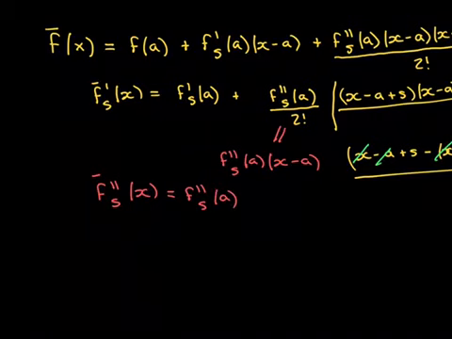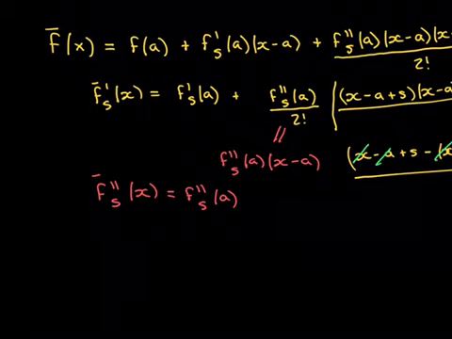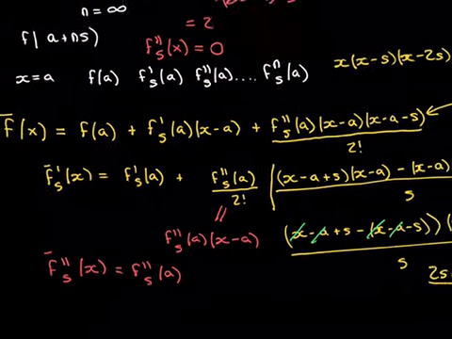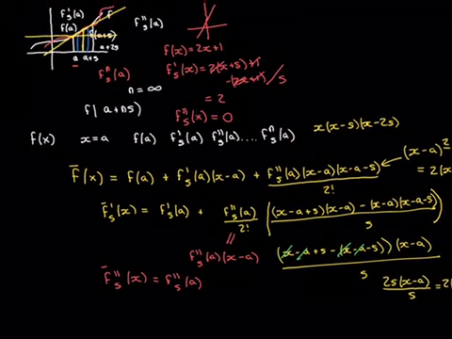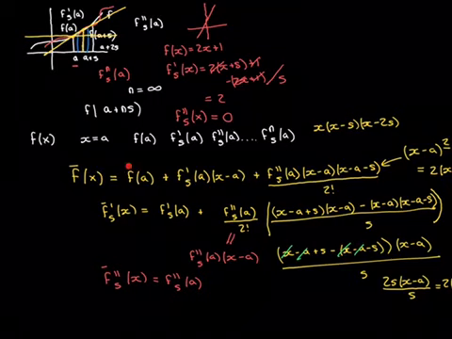So yes, obviously, when you stick in x is equal to a, there is no x term here, it's just constant, so it is going to be equal to this.